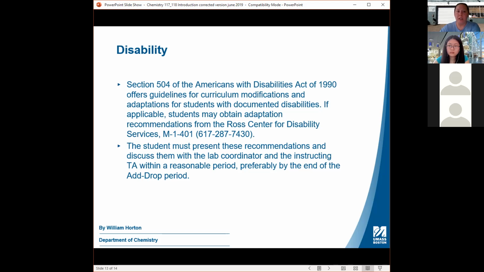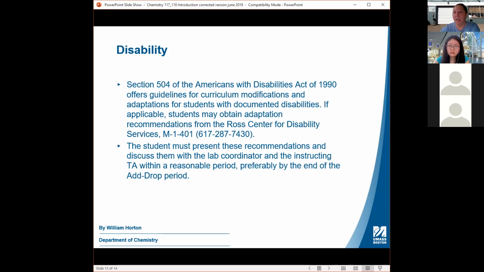If you are signed up with the Ross Center, make sure that either you tell us what accommodations you need, and make sure that the Ross Center emails us.